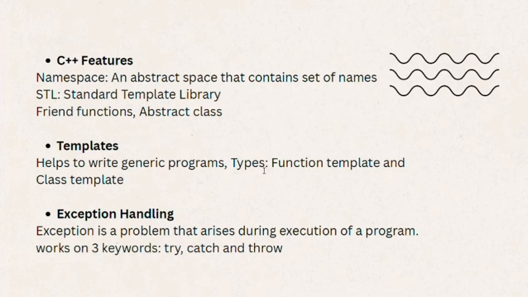Exception handling deals with a problem that arises during execution of a program, and it basically works on three keywords: try, catch, and throw. Try, block of the code that might cause an error. Second, catch handles the error, and throw sends an error message when something goes wrong.